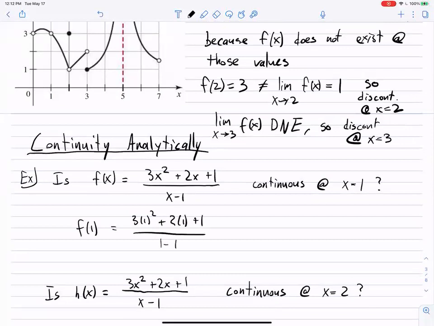But that's dividing by 0, and you can't do that. So this does not exist, so it is discontinuous at x equals 1.